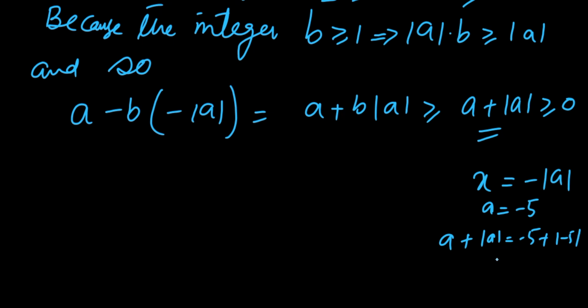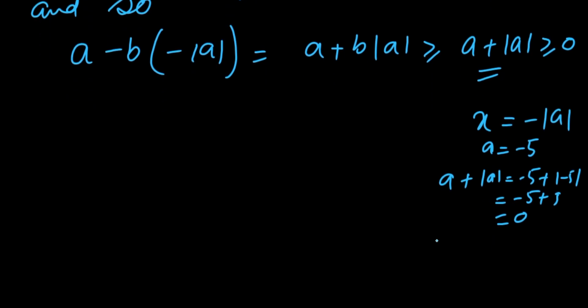This is minus 5 plus 5, which is equal to 0. And suppose your A is positive 5, then A plus |A| equals 5 plus 5, which is equal to 10, that is greater than 0. So in any case, either your A is positive or negative, this number A plus |A| is always greater than or equal to 0.